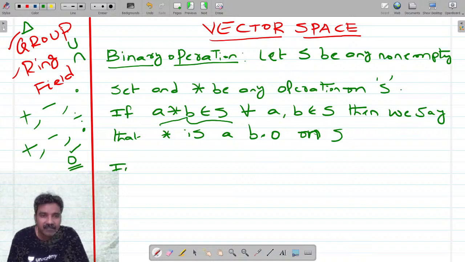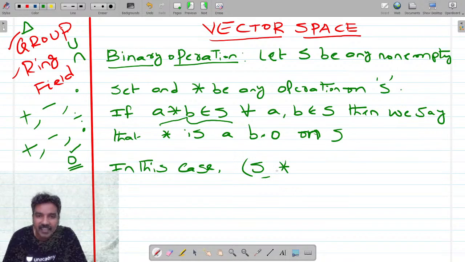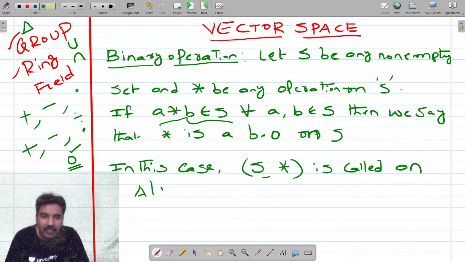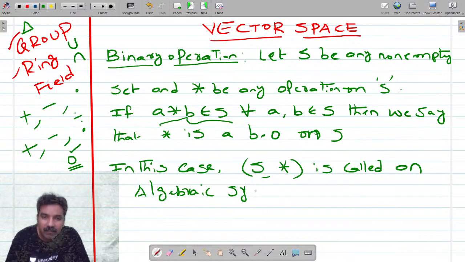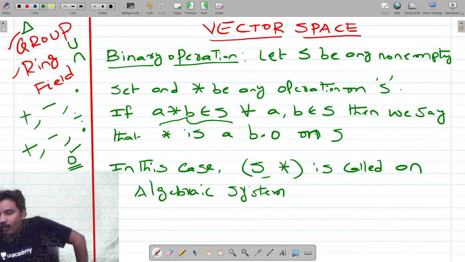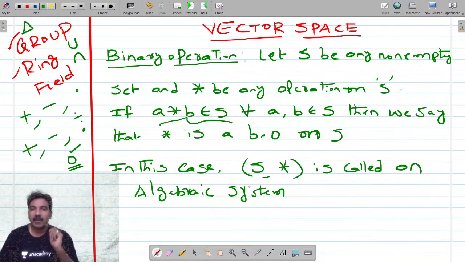When you group these two in an ordered pair, S comma star is called an algebraic system. Is this point clear?